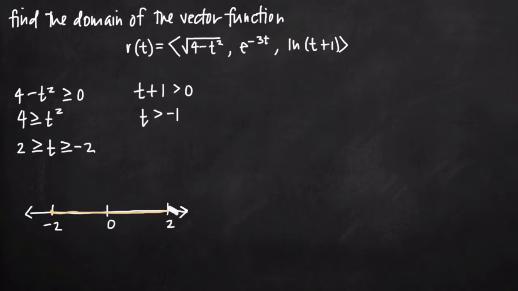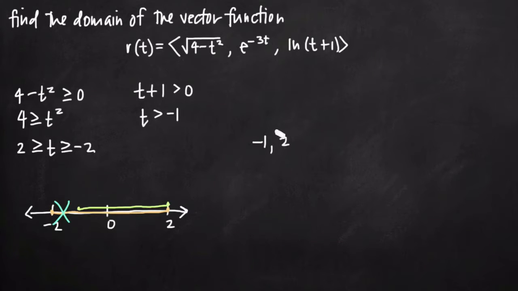But then t greater than negative 1 comes along, and that tells us our domain is only defined from negative 1 to positive 2. Because this further limits our domain, we can't include the part between negative 1 and negative 2. So our domain is from negative 1 to positive 2.